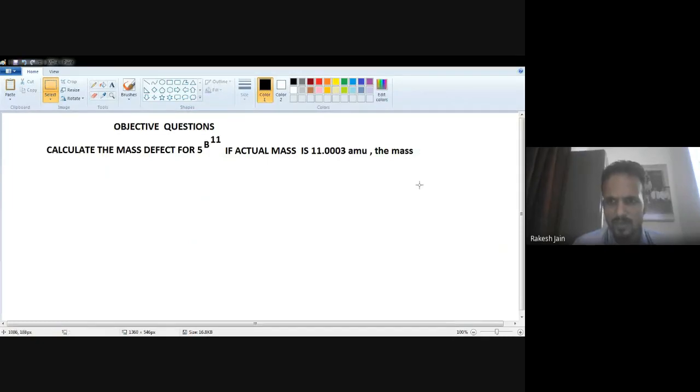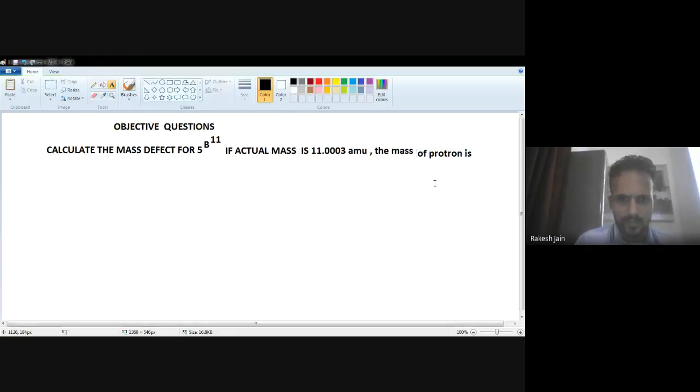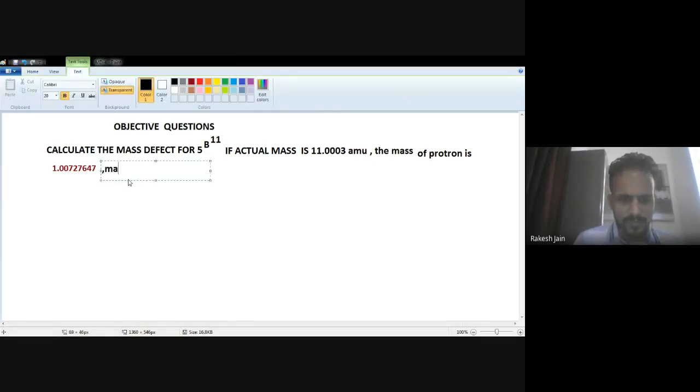The mass of proton is 1.00727646. Mass of neutron is 1.008665.